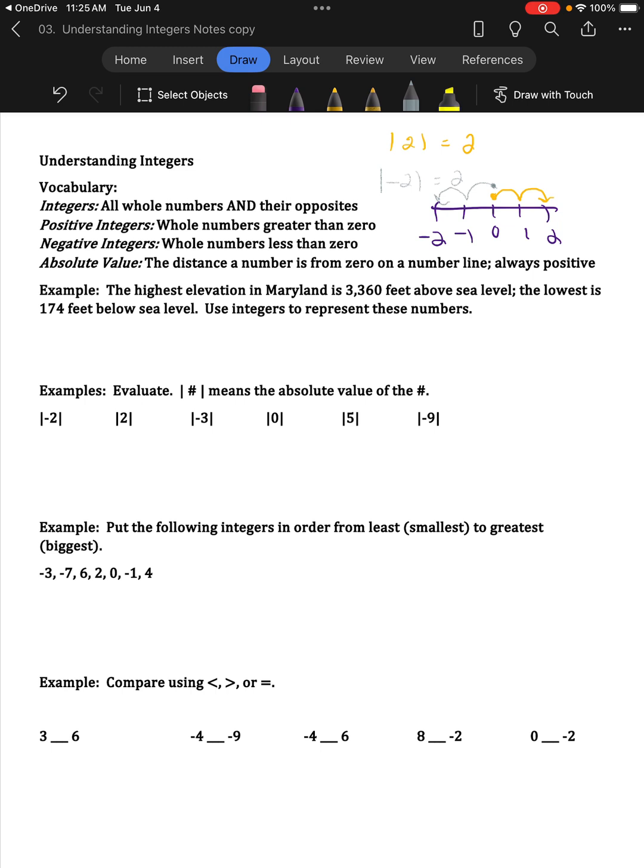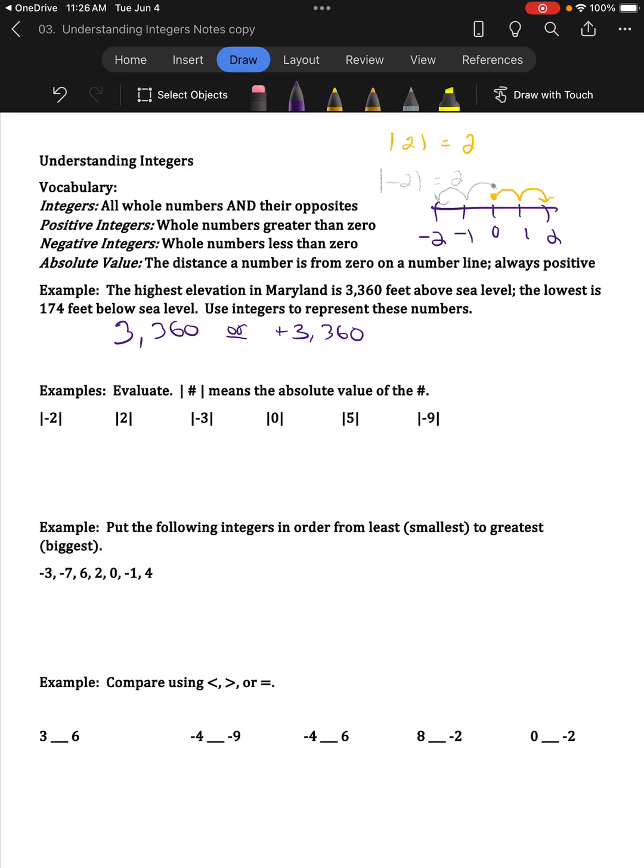The highest elevation in Maryland is 3,360 feet above sea level. The lowest is 174 feet below. Use integers to represent these numbers. Okay, so positive numbers, which would be the above sea level, we can just represent normally, or we can represent with a plus sign in front of the number to illustrate that it is definitely positive.